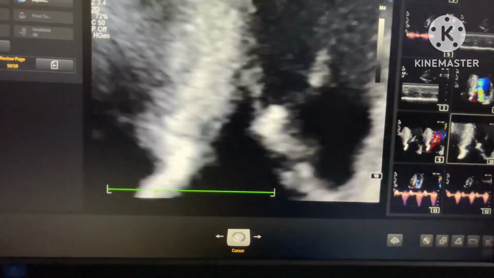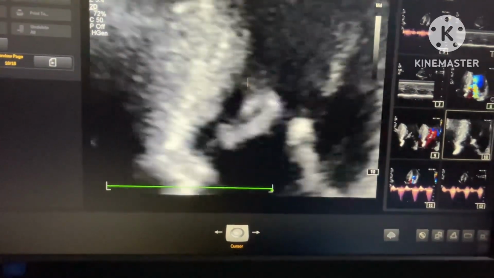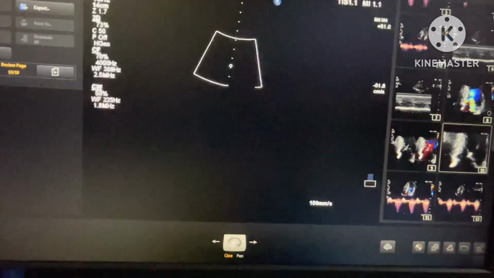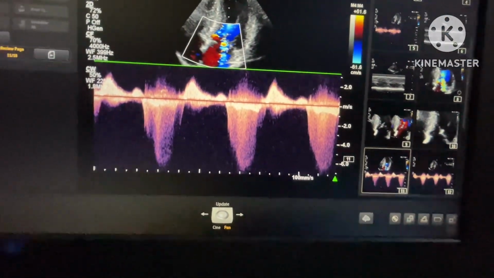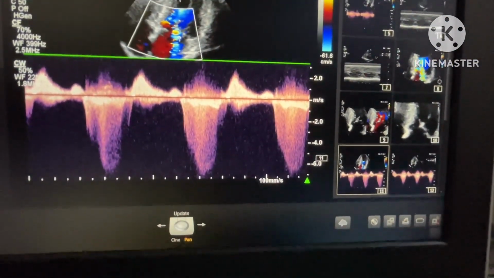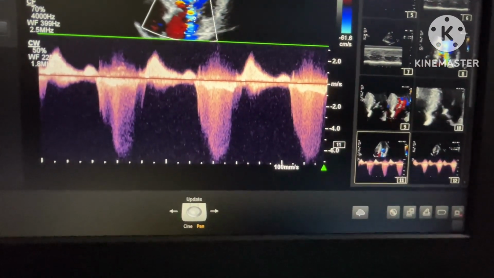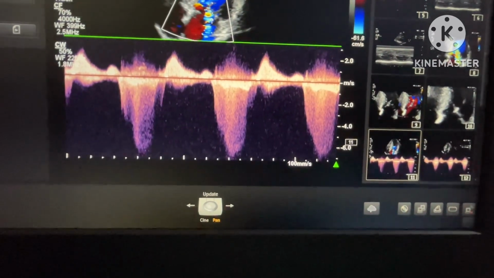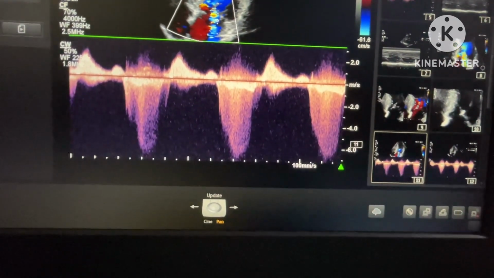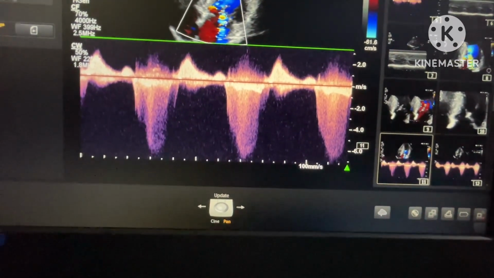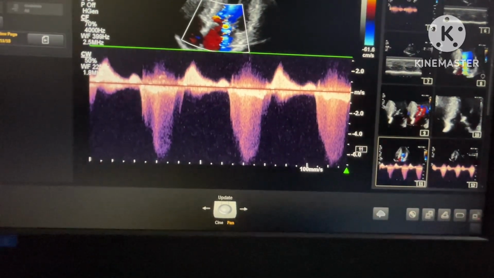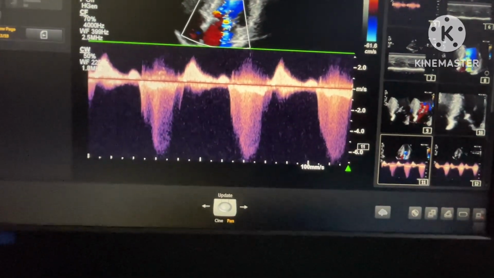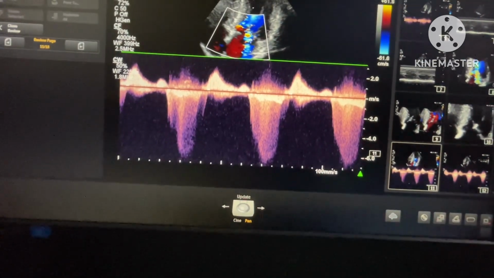Now you see, SAM closes and then touches the IVS, interventricular septum. In this image, just see how it touches. That is SAM. You see the obstruction. Obstruction is quite significant, with a velocity of more than 5 meters per second. That is gradient 4 times 5 squared, more than 100.